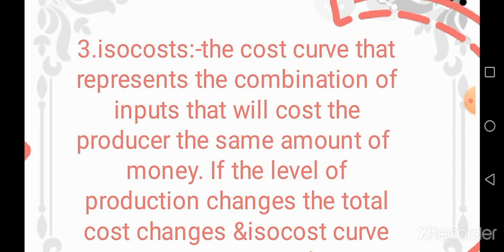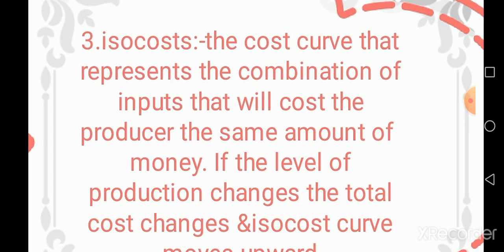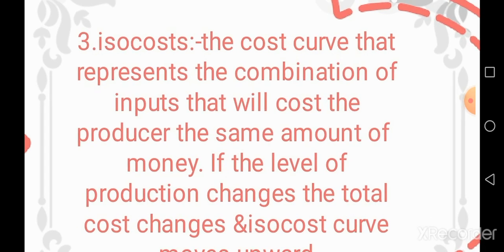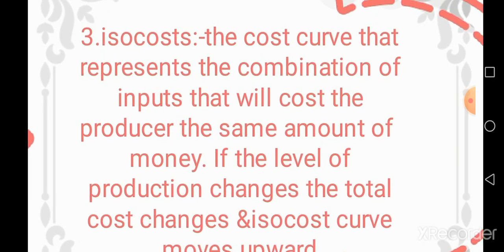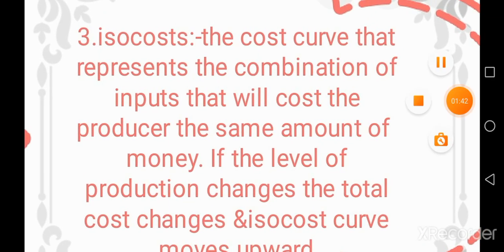Or if the producer wants to increase the quantity of production, the cost also increases. So in this situation the isocost curve moves upward. So this is called isocost.